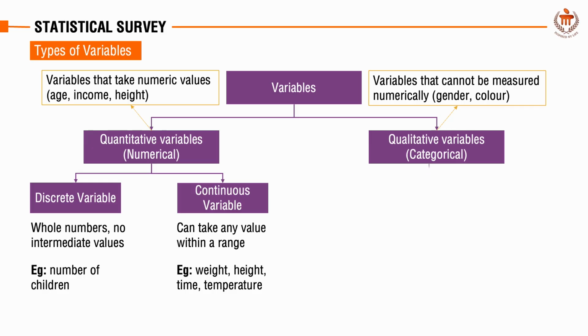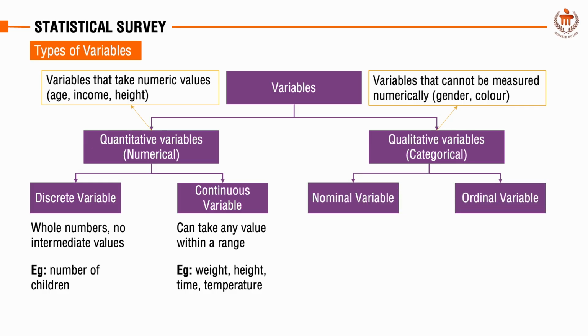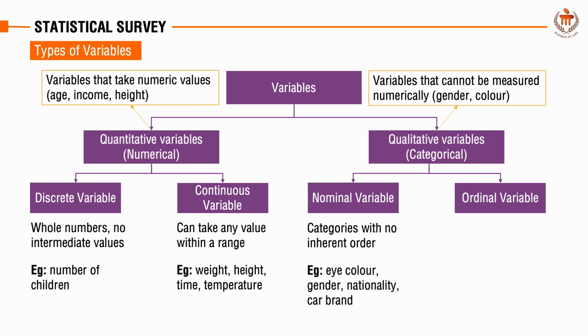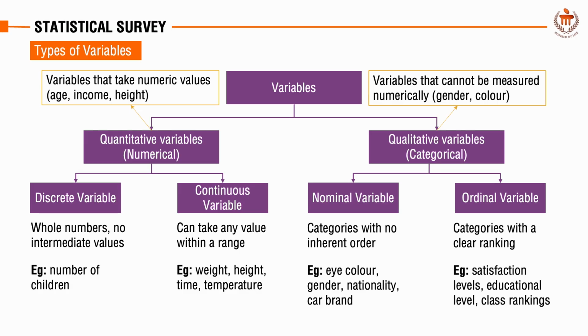Qualitative variables include nominal variables and ordinal variables. Nominal variables are categories with no inherent order, for example eye color, gender, nationality, car brand. Ordinal variables include categories with a clear ranking, for example satisfaction level, educational level, class ranking.